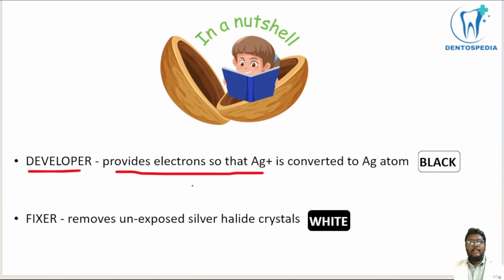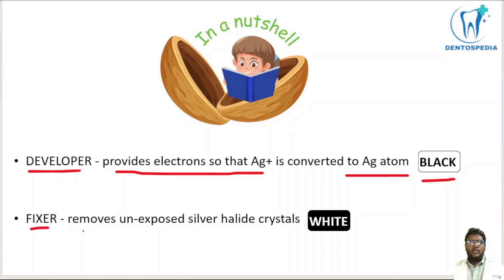So it acts as an electron donor. When we supply electrons, more silver ions get converted into silver atoms, so there will be more blackness in the film. This is the function of the developer.